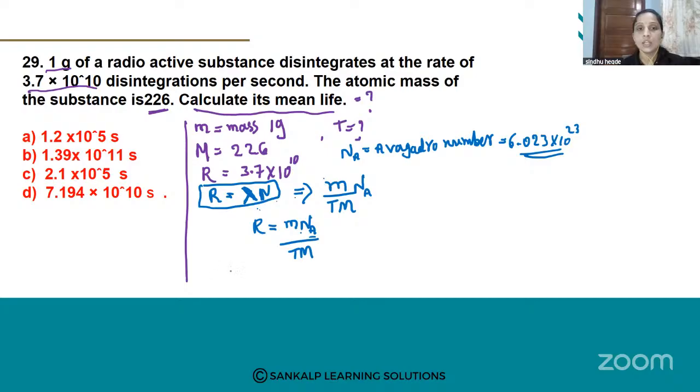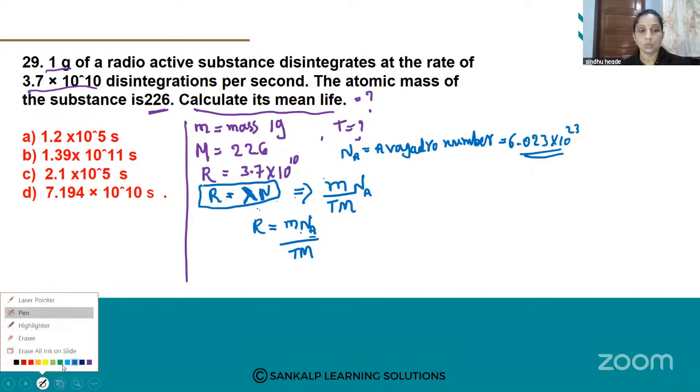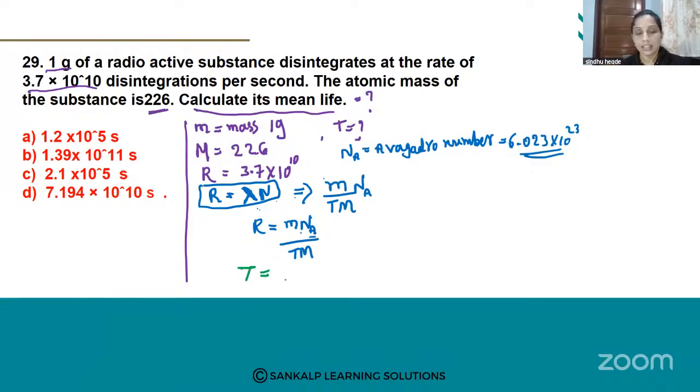That is T. So the equation is T is equal to, if we convert it, cross multiply these things: m NA by R into M. Okay, this is the mean lifetime formula.